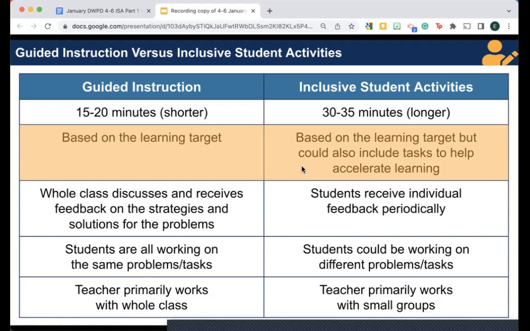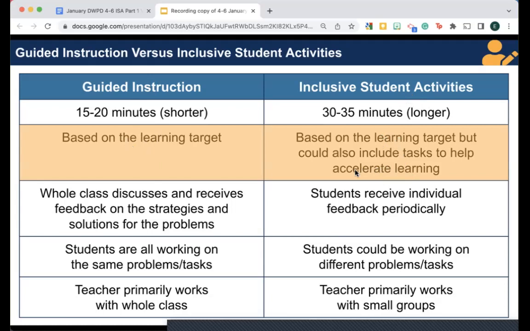Let's go back to this orange row. I just want to reiterate this part about learning target alignment. Guided instruction is where we learn the learning target. So guided instruction, all about the learning target. In ISA, absolutely we're practicing the learning target, 100%. We're all doing that. However, this is also an opportunity to accelerate learning. And just to clarify this phrase, accelerate learning, it's a big term in education today.